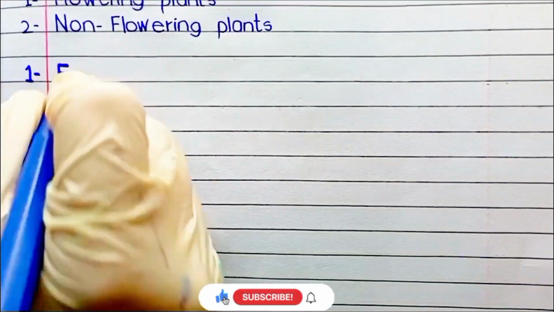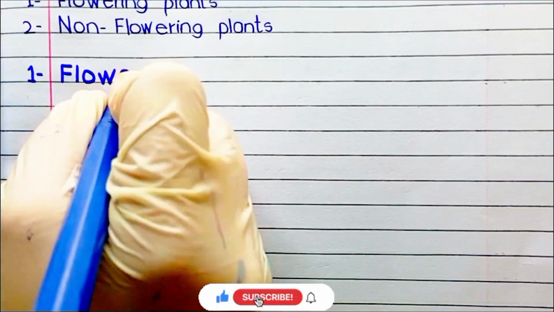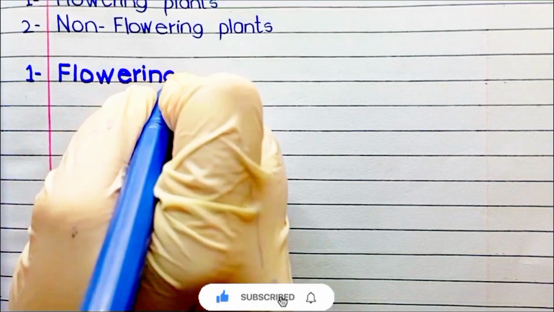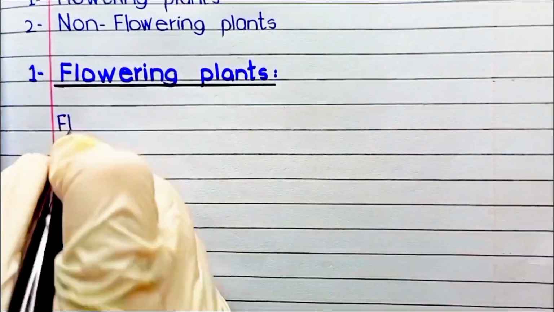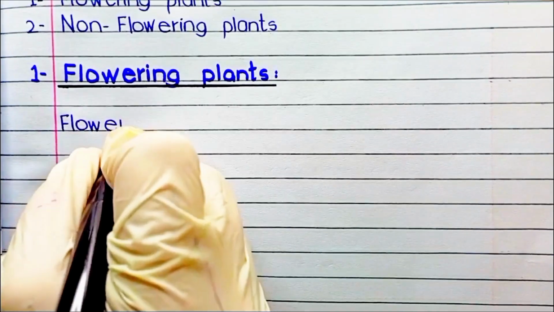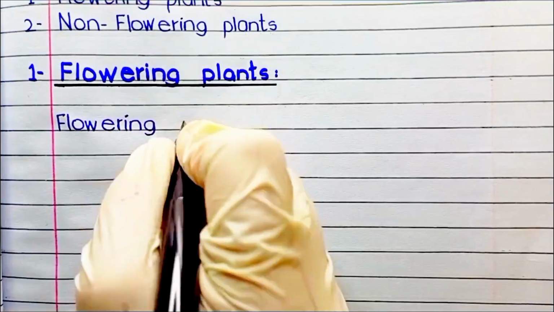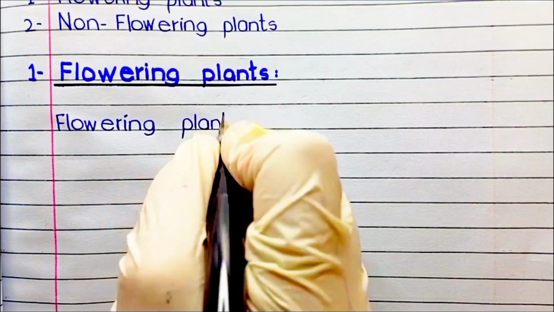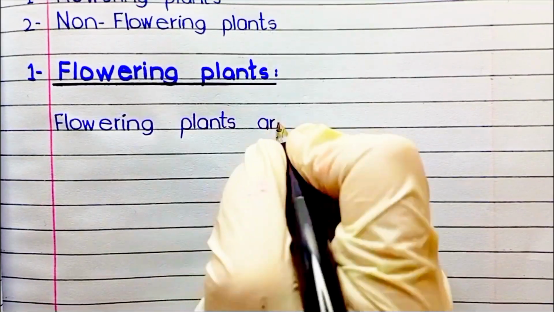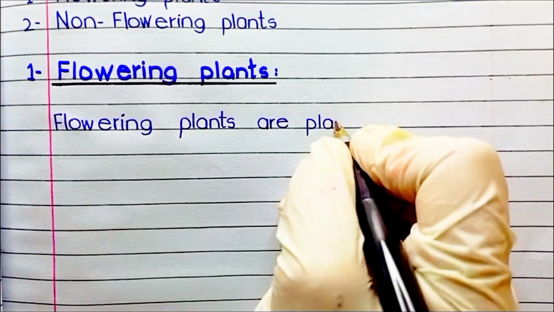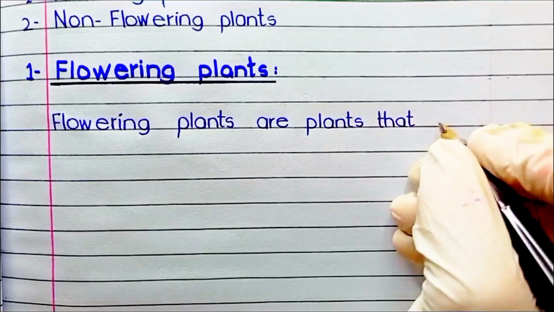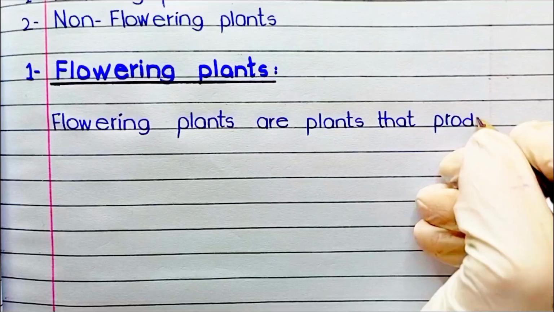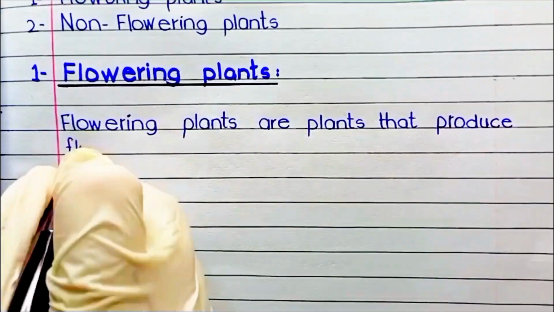First of all, flowering plants in detail. Flowering plants are plants that produce flowers.